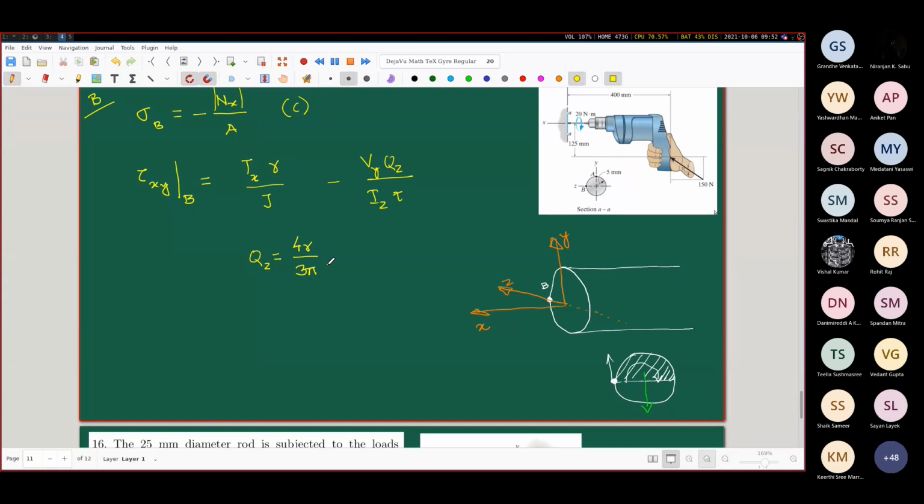I mean, centroid of this semicircular area from the z-axis. This must be multiplied by the area of this semicircle. Okay. So what is the area of this semicircle? Pi R square by 2. Yes. So this is your QZ.